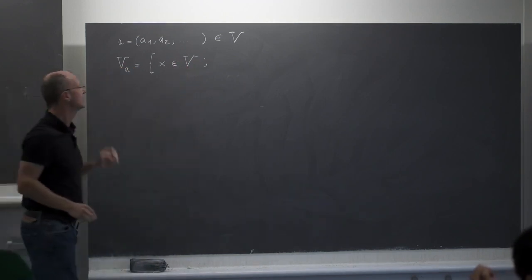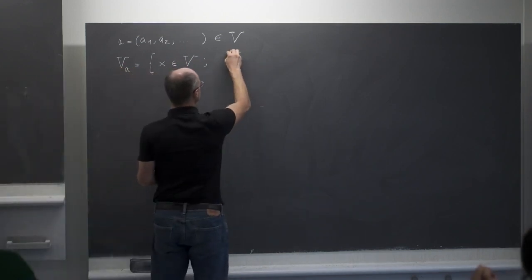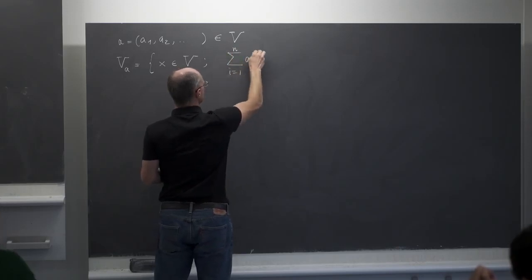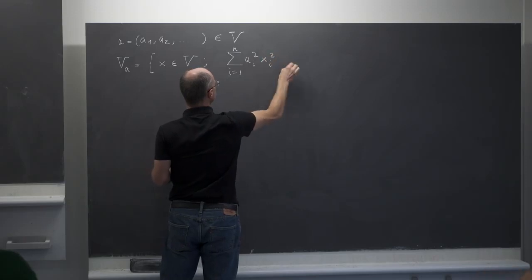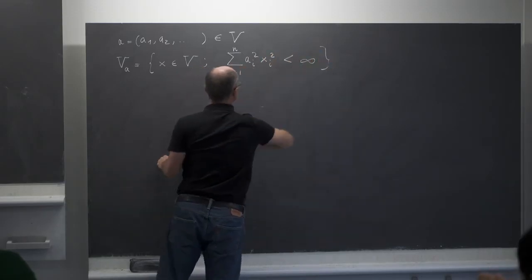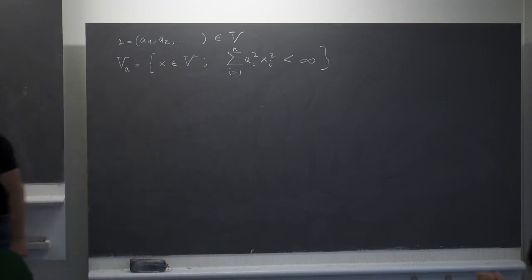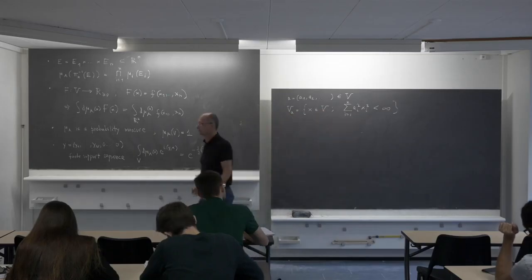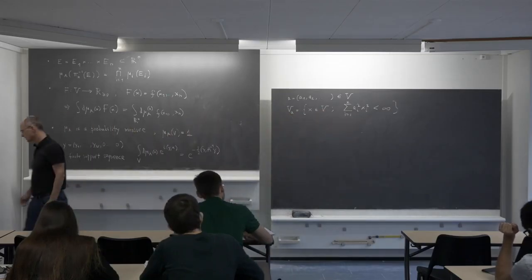So this will be elements of V such that the infinite sum of a_i squared x_i squared converges. So this is a kind of Hilbert space type condition.